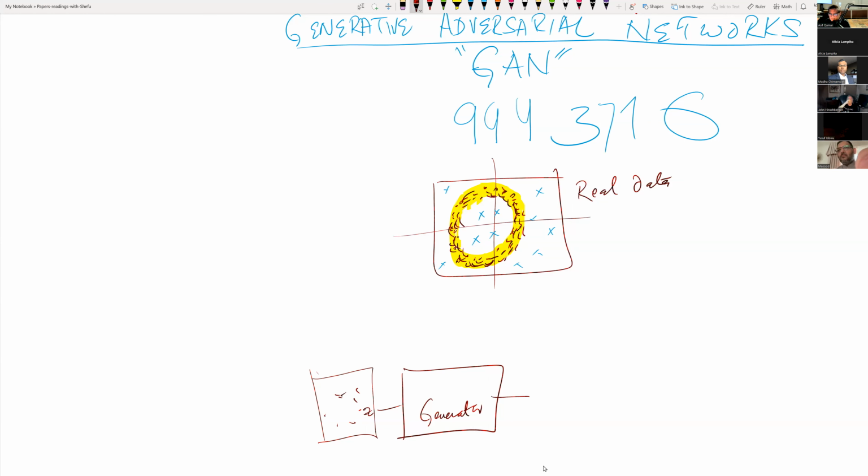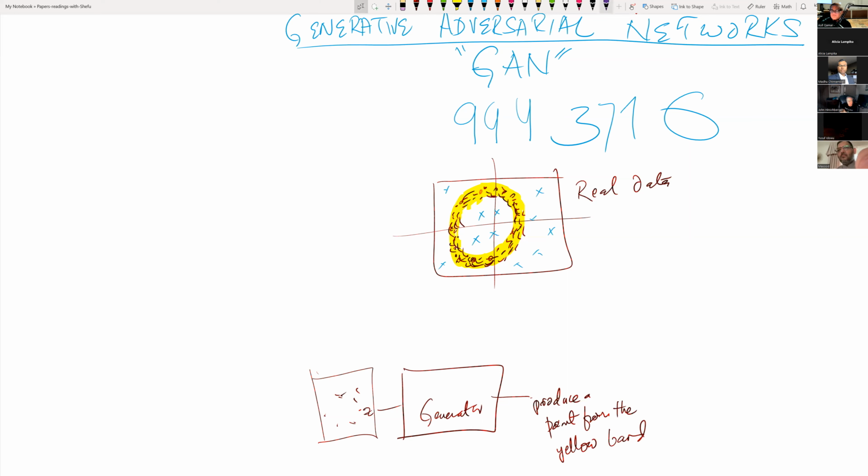It needs to somehow fold these points in such a way that it only produces points that belong to the yellow band. Produce a point from the yellow band. Because if it does that, so let's take a point, an orange point.